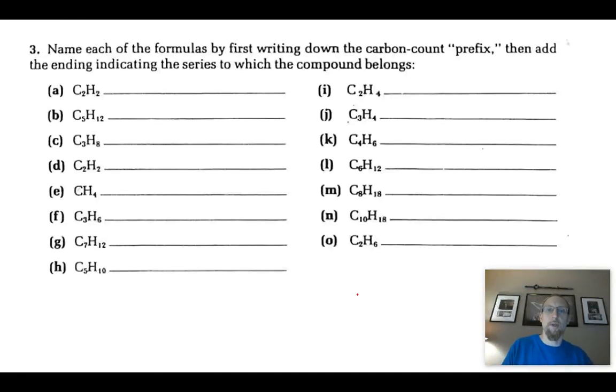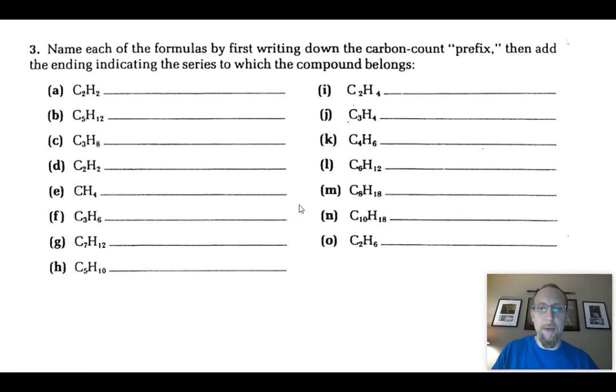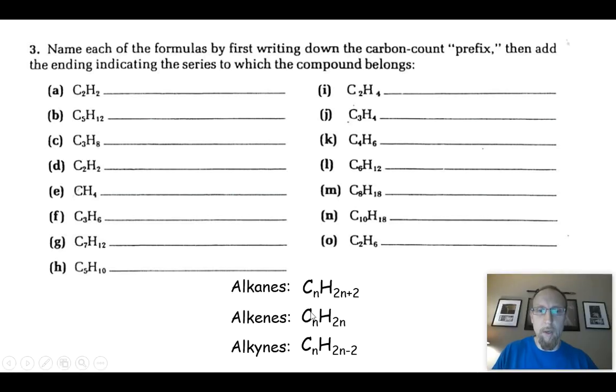And then our next part, part 3, is probably the trickiest. You kind of got to do these backwards. So I want to know the name of the compound given, and you don't have the structure here to go by. So let's think about our general formulas, and we're going to use those to help us out, right? So kind of think about this and use this to go through and figure them out.